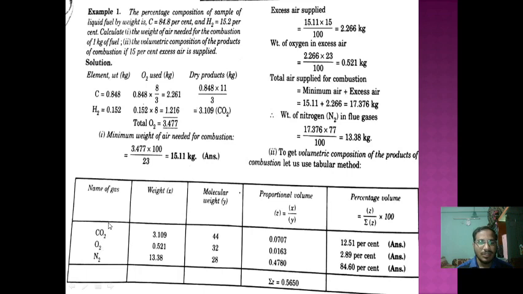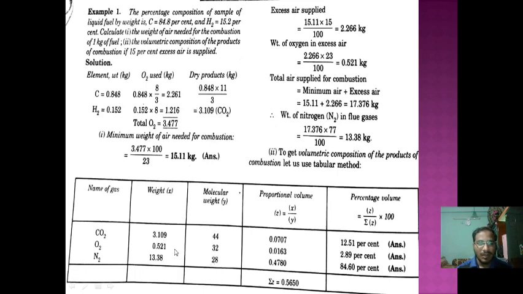In the table we write the name of the gas: carbon dioxide, then oxygen, then nitrogen. Their weights are different. Carbon dioxide weight is 3.109, we just wrote here. Then oxygen weight is 0.521. Next nitrogen weight is 13.38.